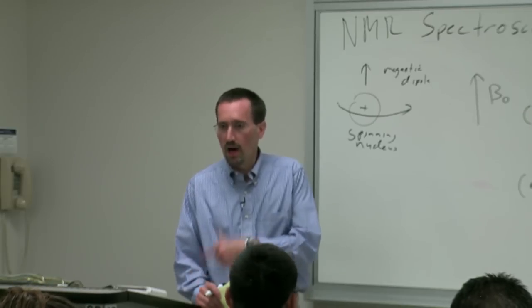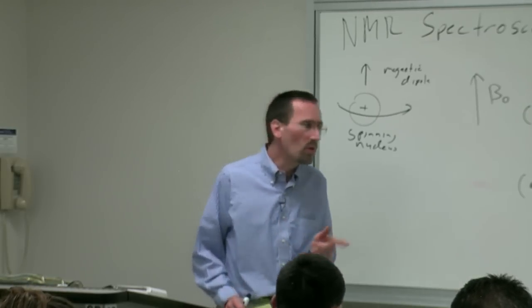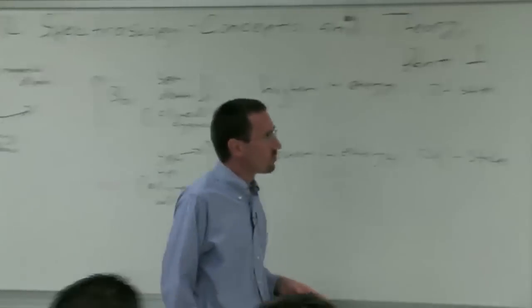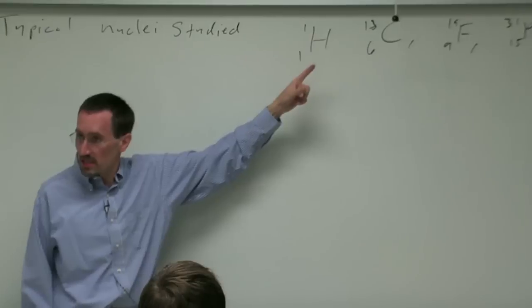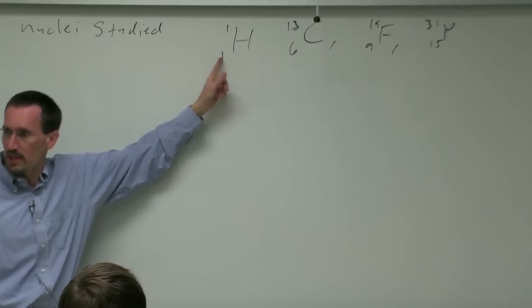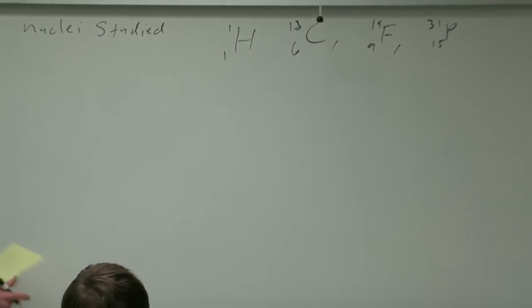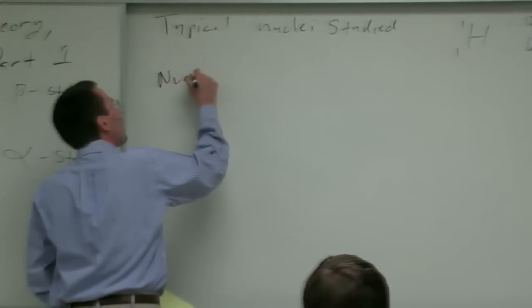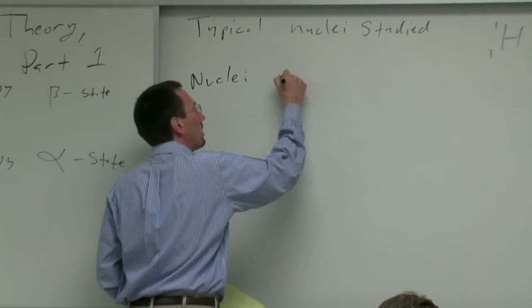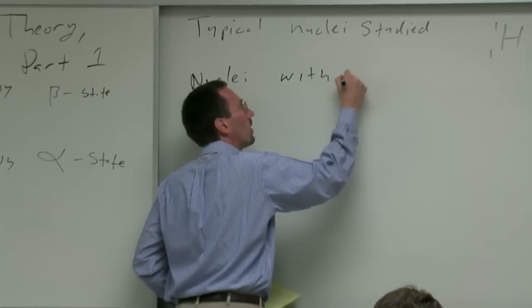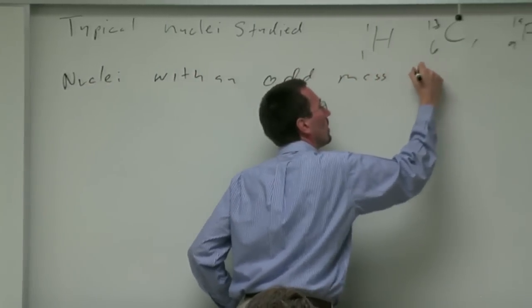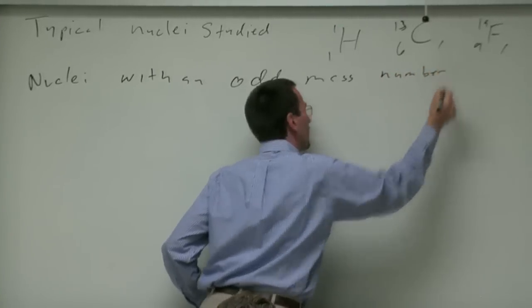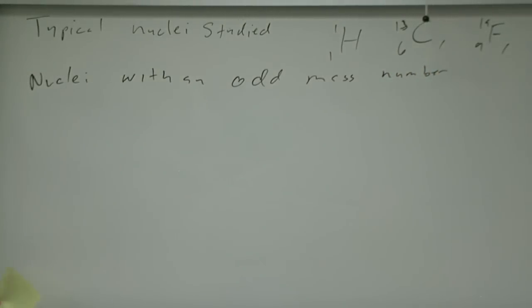Odd numbers of protons and neutrons, or more specifically, we can group them that their mass number is odd, specifically that the sum of their protons and neutrons is odd. So nuclei with an odd mass number have a nuclear spin.